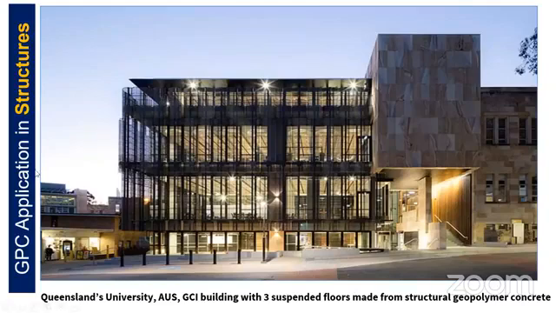This photograph shows GPC application in structures. You can see this huge structure, a three suspended floor building, constructed with the help of geopolymer concrete. Here, geopolymer concrete was used as a structural concrete in Australia.